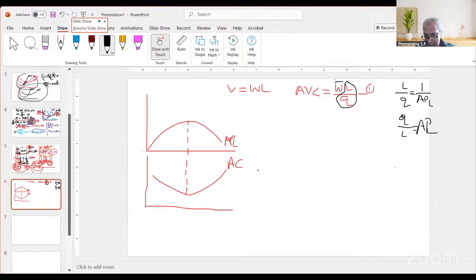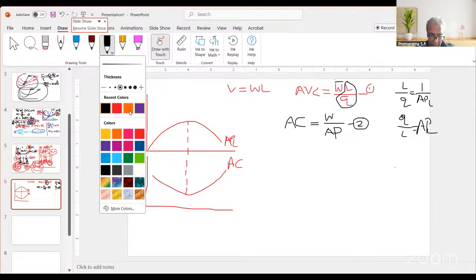Now I reflect here: average cost equals W divided by AP. I hope you got this point. Equation number 2. Now here look, W is given, constant.